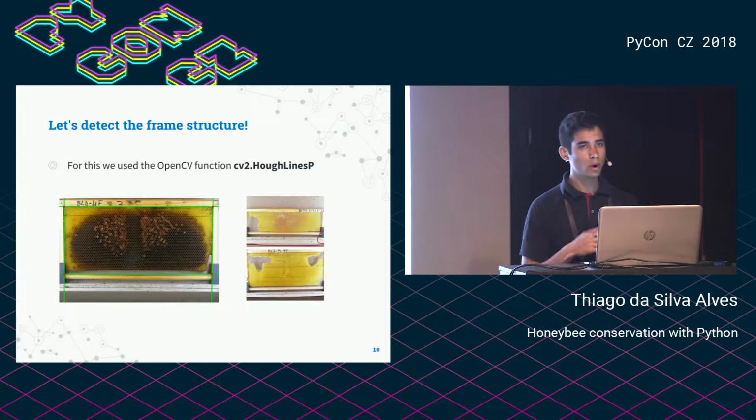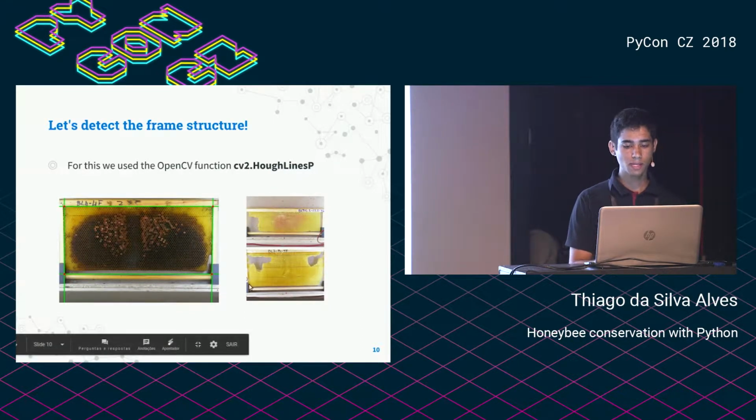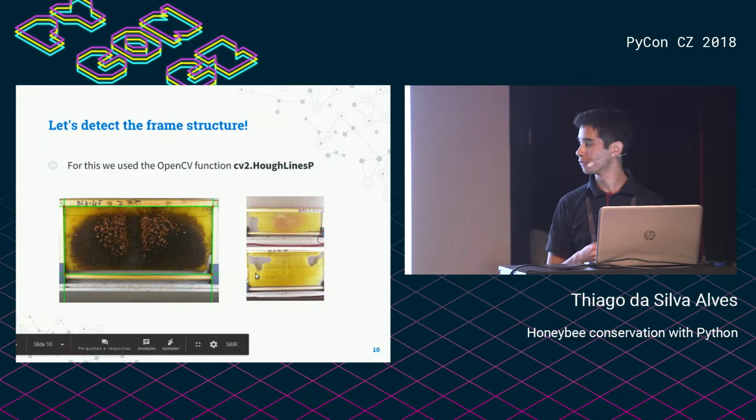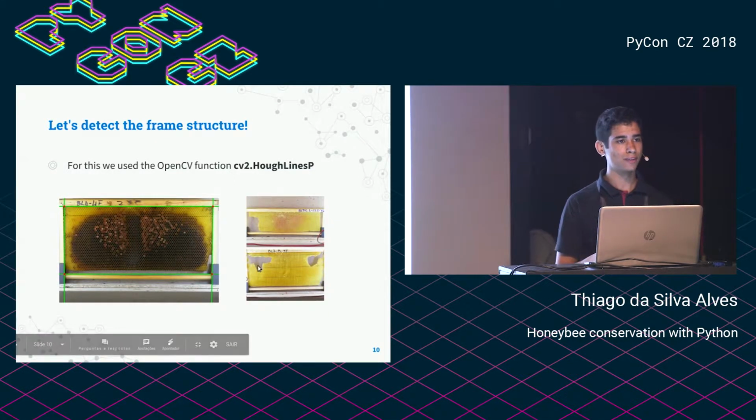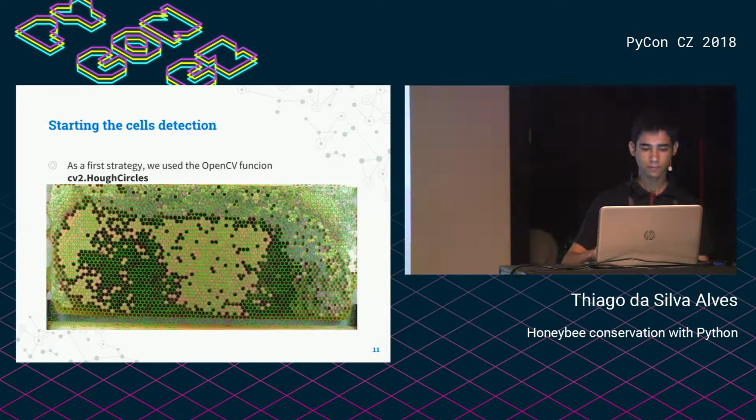It worked many times, but not in all of them. In some cases, for example in this frame, a rat had bitten the frame. So if we use a strategy like that, we could have a lot of false positives inside these areas. Also, not all the frames were the same height, so we couldn't use this strategy for all of them. So we needed another approach.